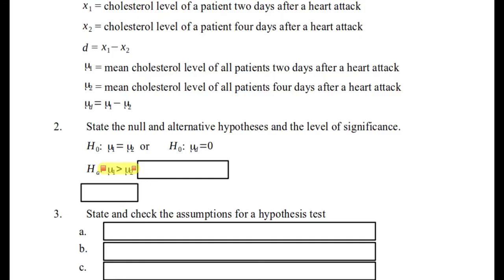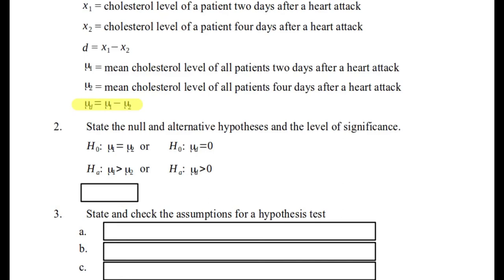Again, we're going to have to subtract mu sub 2 from both sides and get that difference. So our alternative hypothesis, when we subtract mu sub 2 from both sides, remember we're still using that definition of mu sub D, which is mu sub 1 minus mu sub 2. And the moment that we have that, subtract mu sub 2 from both sides, we have the direction of our inequality.